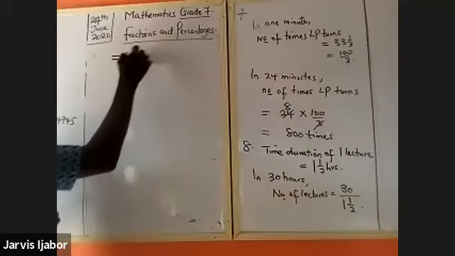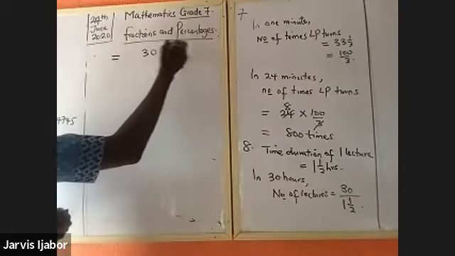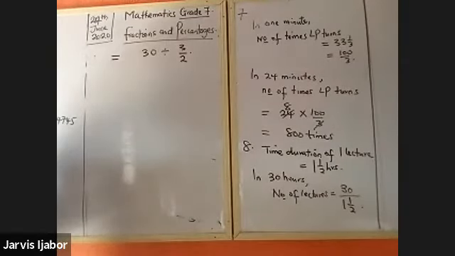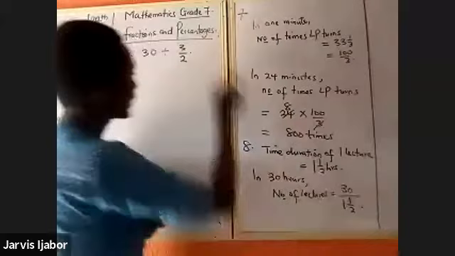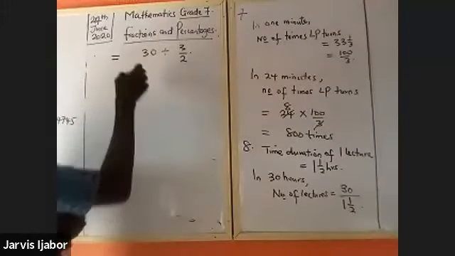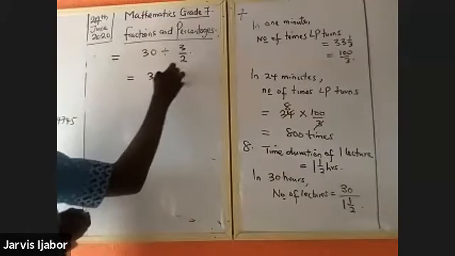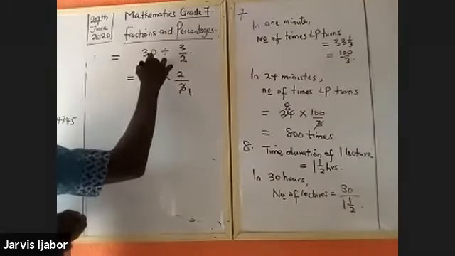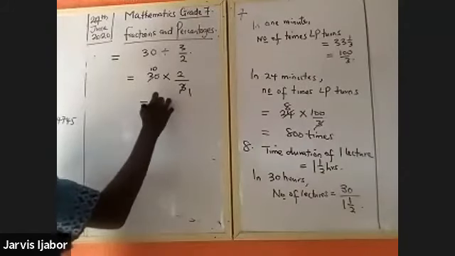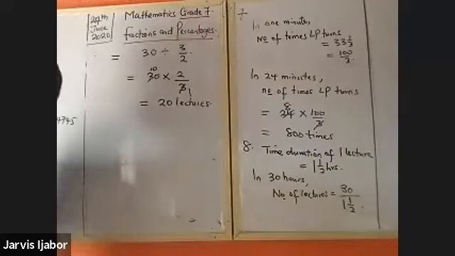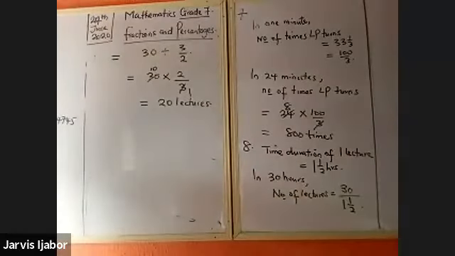This will be equal to 30 divided by 2. I can write division like this or like this. Whichever way you write it, it is correct. So this will be 30 times 2 divided by 3, 1, 10. And your answer is 20 lectures. So there are 20 lectures that will last for that time.